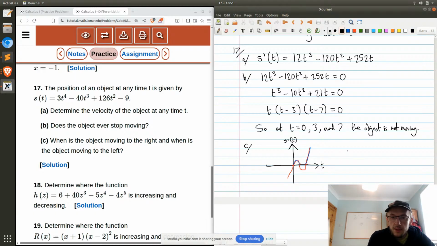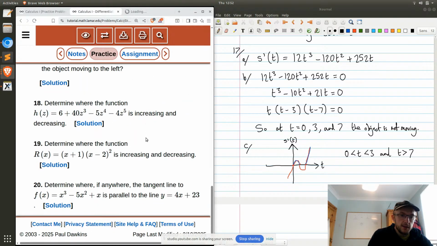And so, what do we say? We say for t between 0 and 3 and t greater than 7. But we have to be careful about how strict our inequalities are. And the answer is that you exclude the endpoints. So what can we say here? Like that.